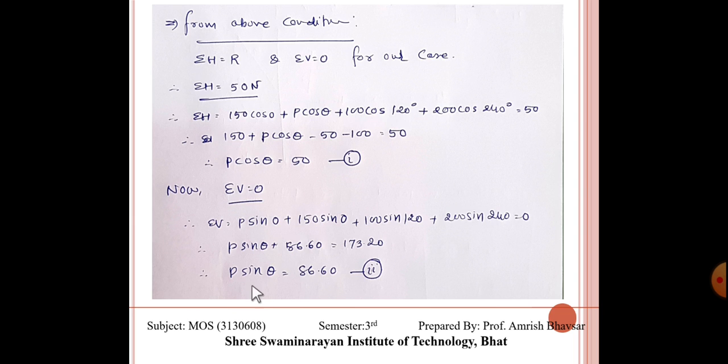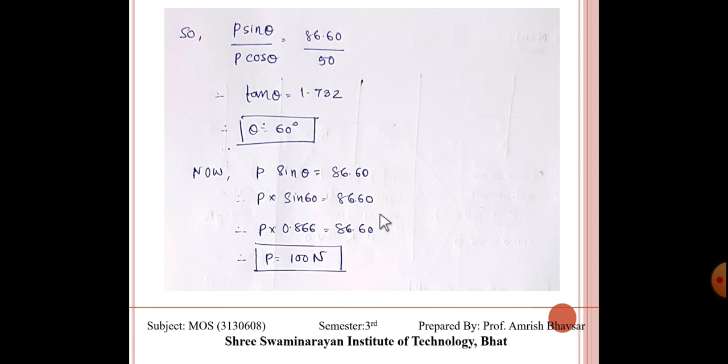So we will get P sin theta is equal to 86.60. Now, P sin theta upon P cos theta gives tan theta, so we will get theta equal to 60 degrees. Put the value of this theta in any equation, and we will get P equal to 100 Newton.